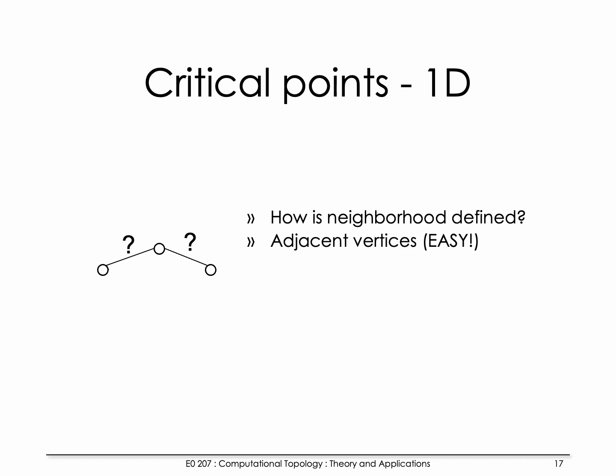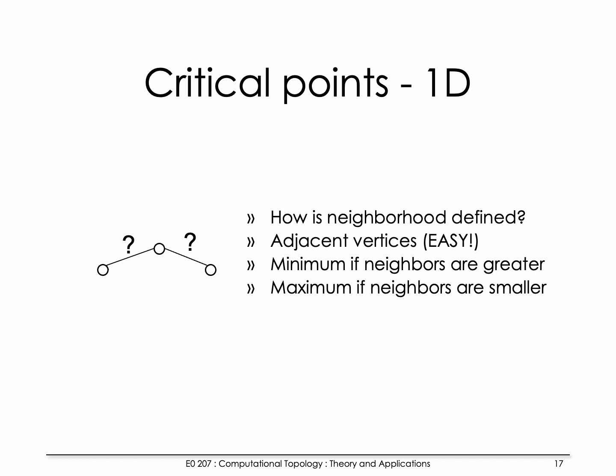How do we classify this vertex as a critical point or not? That also turns out to be easy. So the vertex is a minimum if the neighbors are greater. So essentially the neighboring vertices have a function value greater than the vertex. If the neighbors are smaller, then the vertex is a maximum. If it is neither, then it is not a critical point.